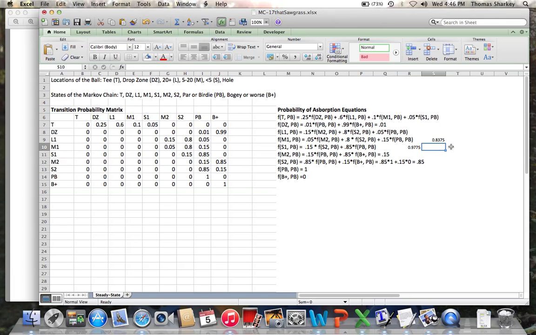So we have an 83% chance, if we hit our tee shot onto the green, of making par or better.